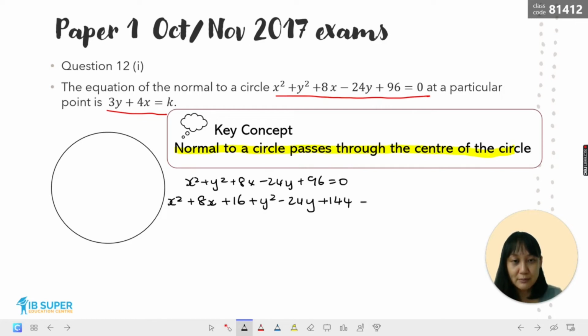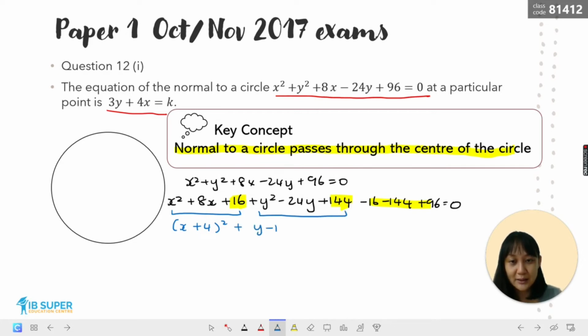So we need to subtract 16 and subtract 144 in order to simplify this, because we cannot just add a constant without subtracting it. We need to leave the values unchanged. When we complete the square, we get x plus 4 squared, and for this one you get y minus 12 squared.